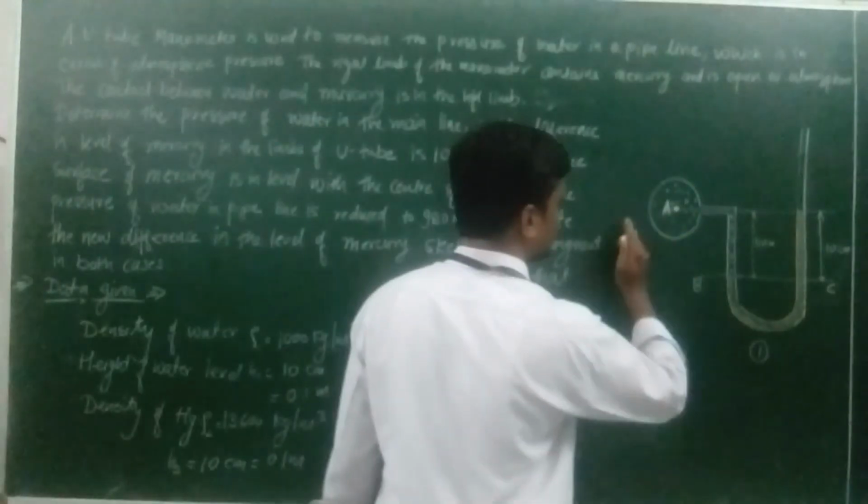Now as we know, the pressure on the left side is always equal to the pressure on the right side of the limb.